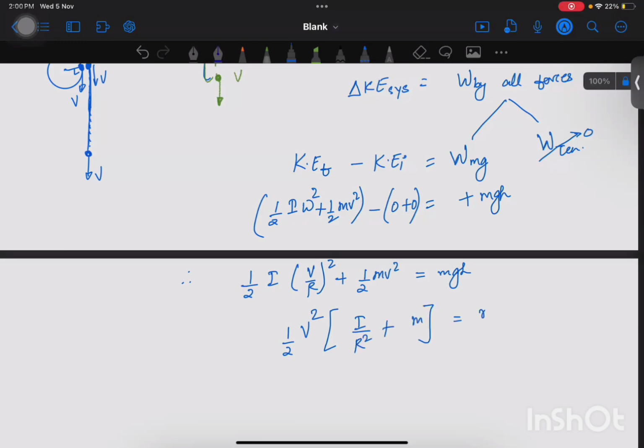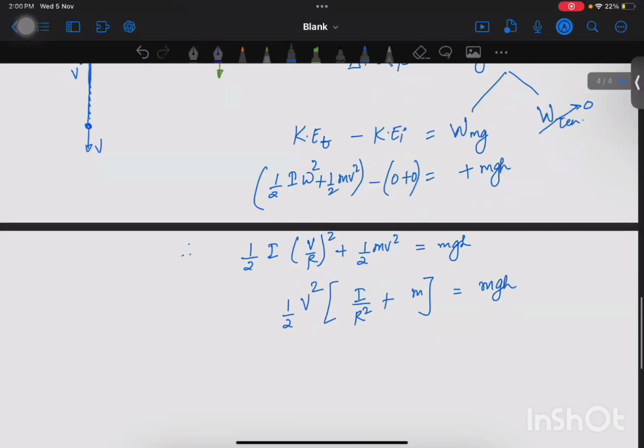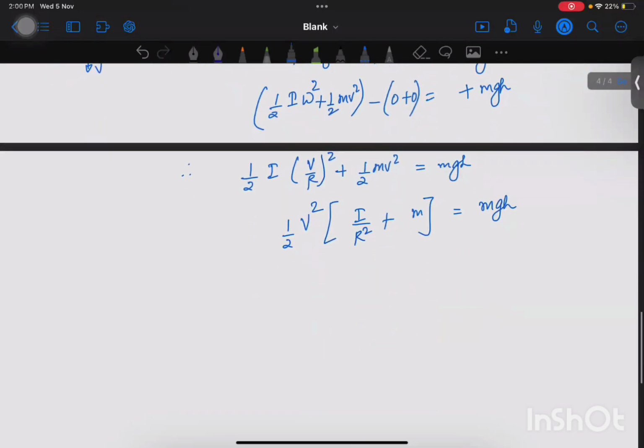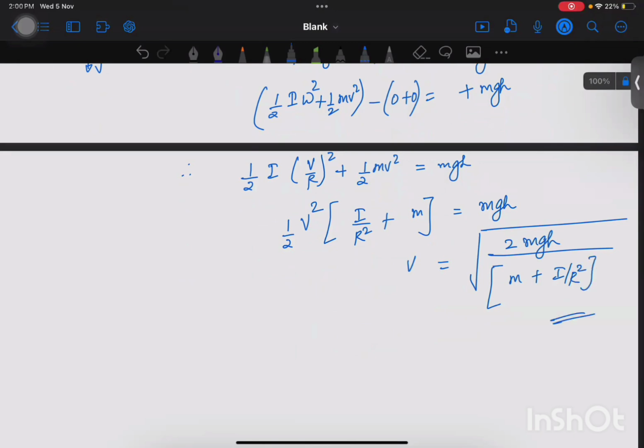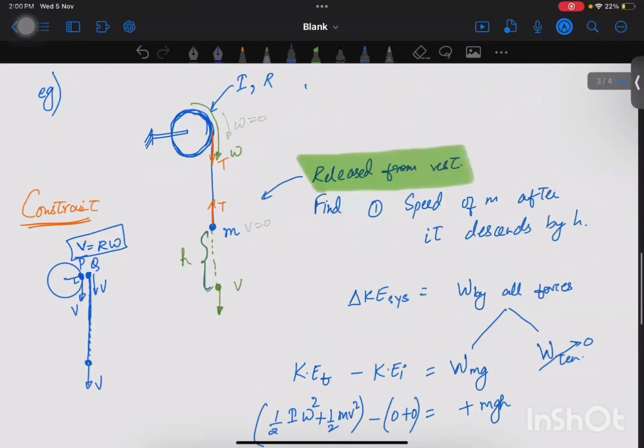On this side you have mgh, and that's it. So the value of v is the square root of mgh divided by m plus I by R square. This part is clear to us. No doubts are there in this particular example.